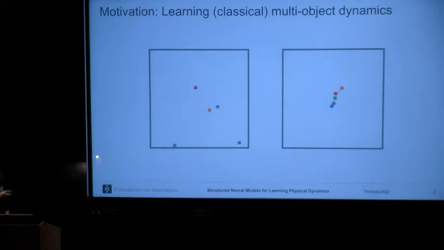The way this mystery physical system is constructed is that certain objects are connected by invisible springs, and by these connections, you have a certain interaction structure. Given this interaction structure, we could just use a graph neural network and you would be able to model this dynamical system very easily. But the question is, can we jointly learn to discover these interaction structures and model the dynamics of the system?